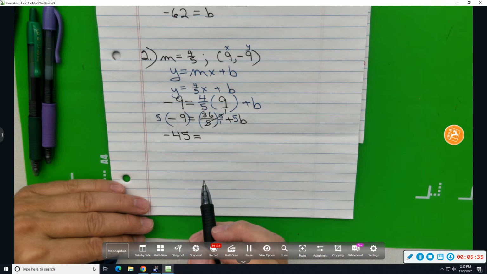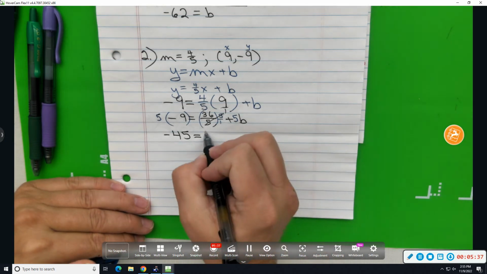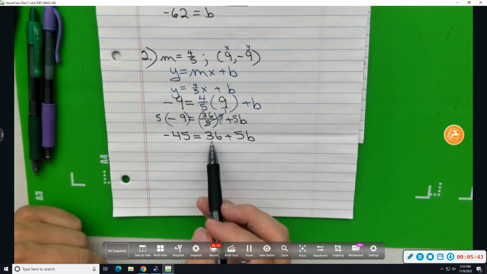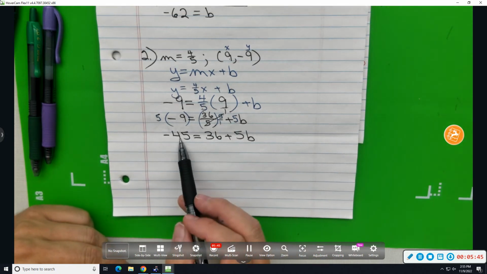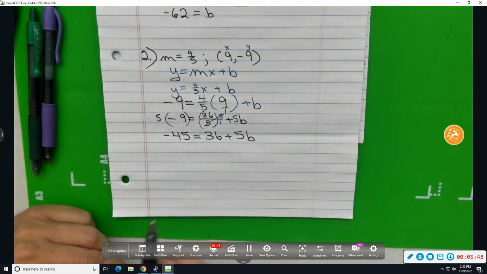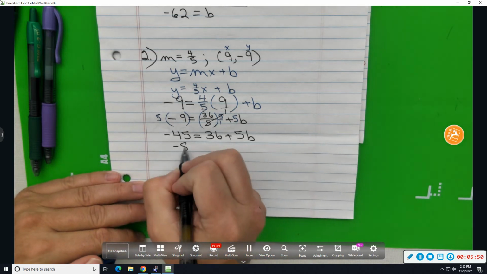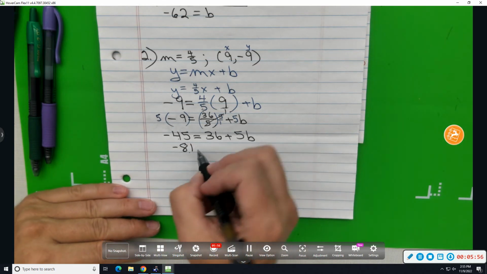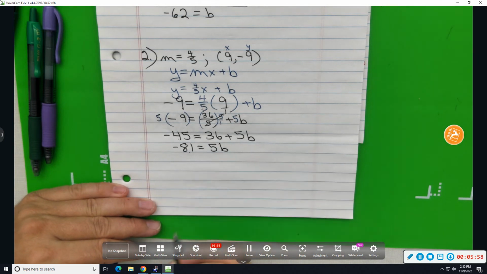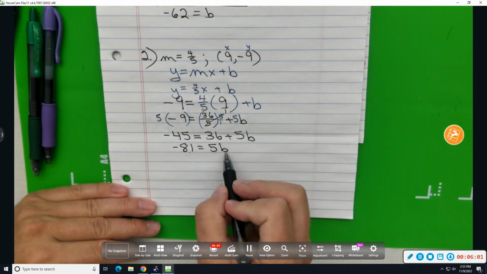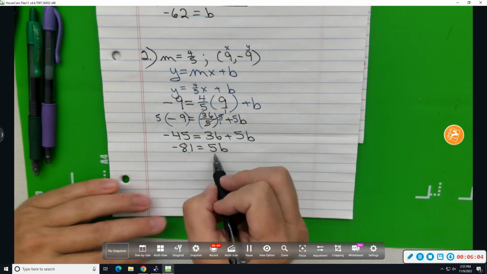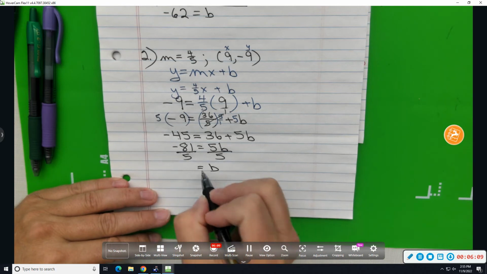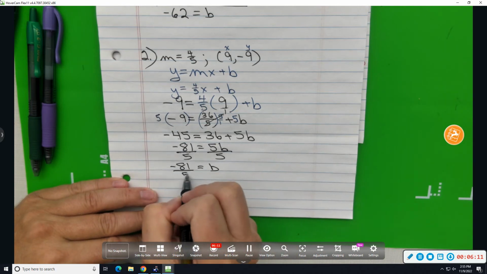What are we going to have left there? 36, I agree, plus 5b. I'd subtract 36. Negative 45 minus 36, is that a negative 81? Negative 45 minus 36 gives me a negative 81 equals 5b. And then to solve for b, what do we do? We divide by 5 to give us b equals negative 81 over 5.